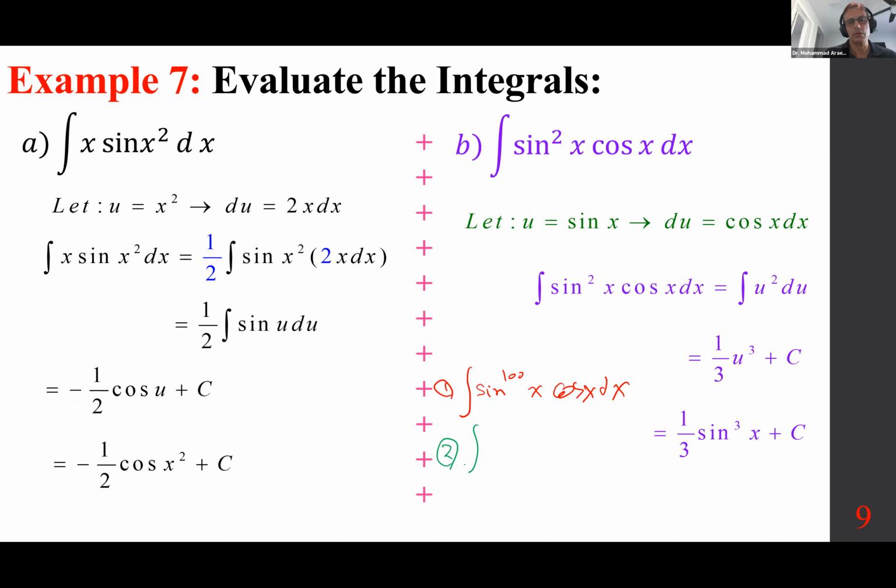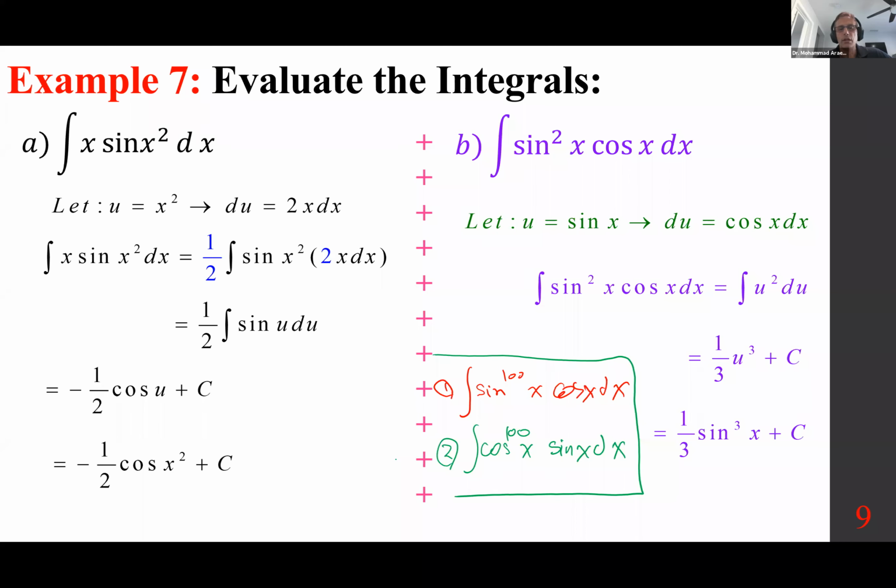Number 2, the integral of cosine to the power of 100 x sine x dx. So that's a good practice. Very simple, but it's worth looking at it.